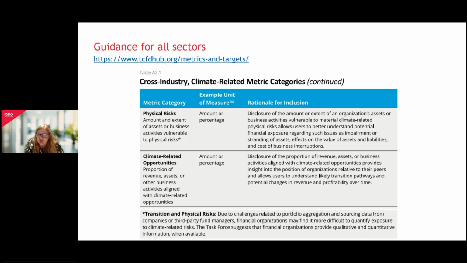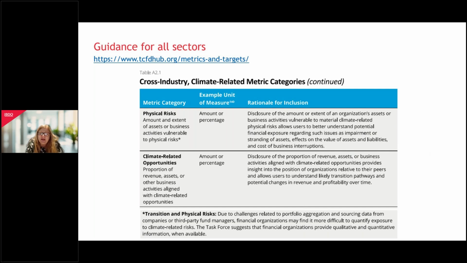So the task force suggests that financial organizations provide qualitative and quantitative information when available. So whatever you can find, make it available to assist with that communication and decision making.